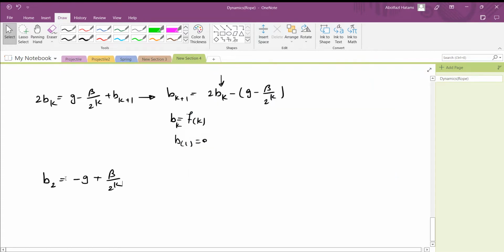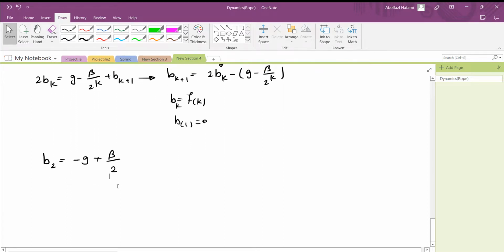Okay, we have b2, which is minus g plus beta divided by 2, substituting k with 1 here.